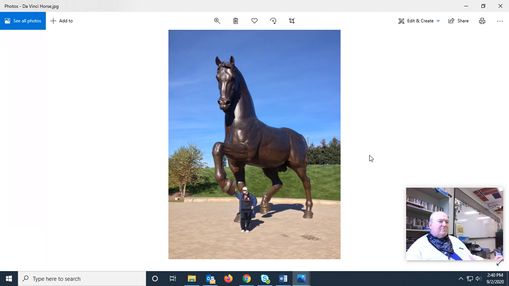Instead, he begins creating this horse. It was made of clay, not like this one, which is made of cast iron. He builds this ginormous horse and leaves it there.